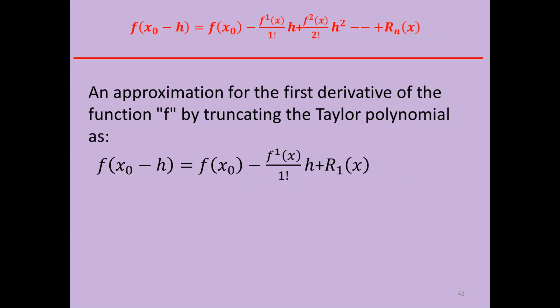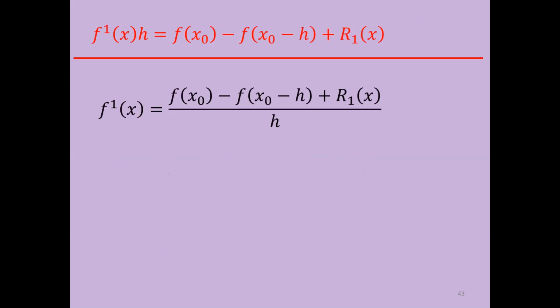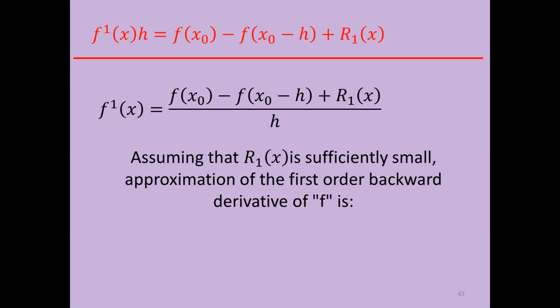And then in the next step, we are simply going to neglect r1, that is under the assumption that the residual r1 is negligible, and then we are going to rearrange the equation on the display. Now this is the backward difference.